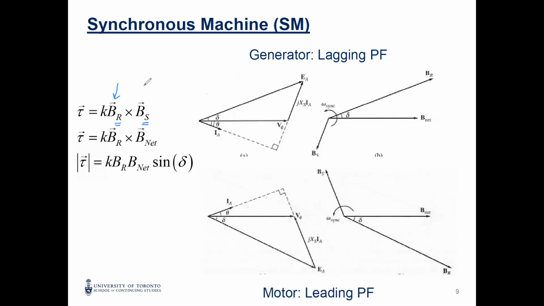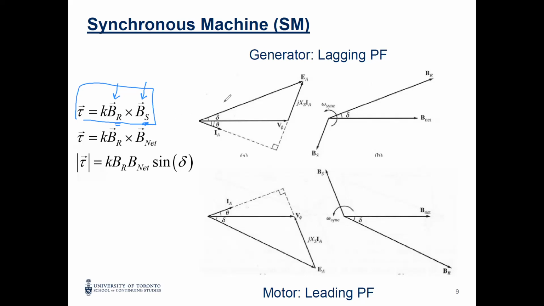The one from the stator is the armature reaction. So the torque equals K, where K is a constant, times the flux density of the rotor cross product with the flux density of the stator.